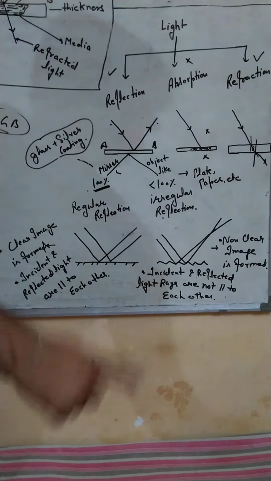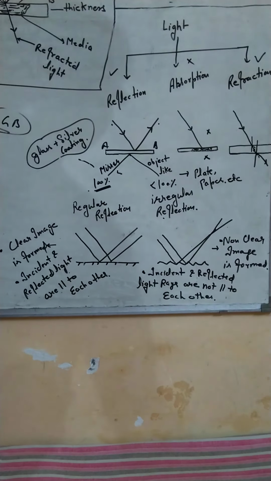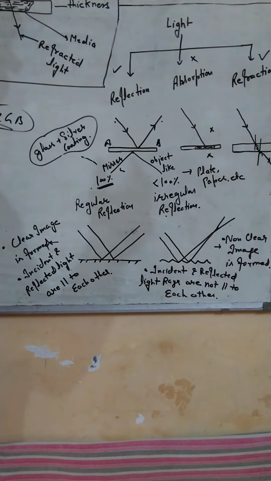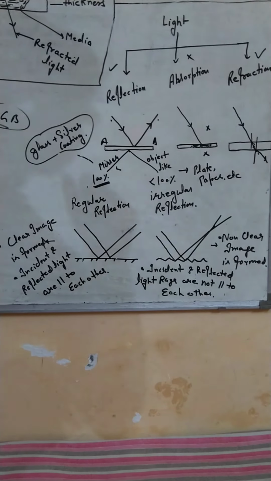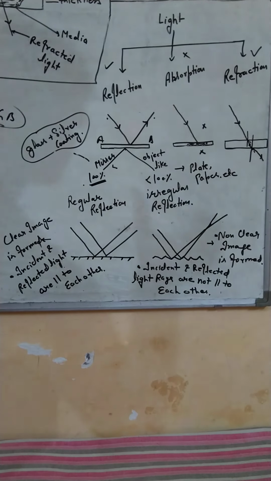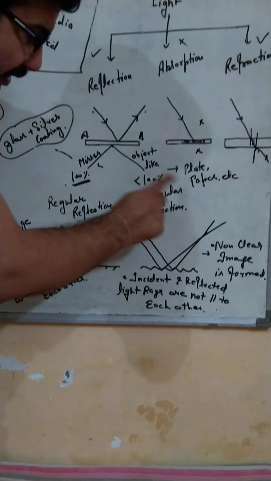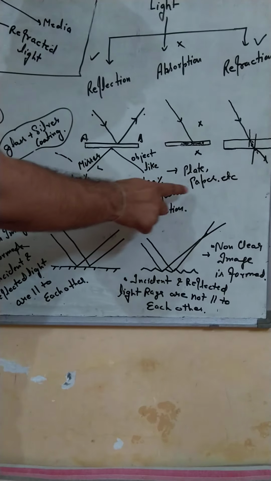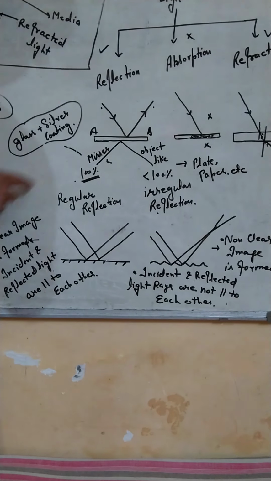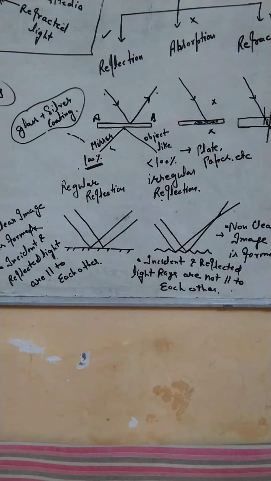And second, no clear image is formed, meaning an image is formed but it has some problem. You can't detect the actual face of the body. So in that manner we can say irregular reflection can generally be seen on plate, paper, etc., while regular reflection can be seen 100% on a mirror.